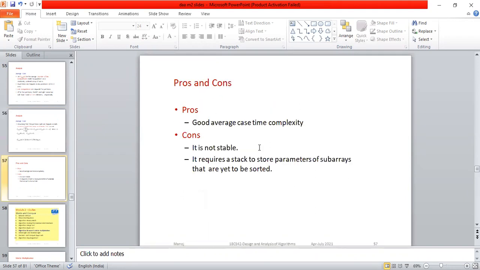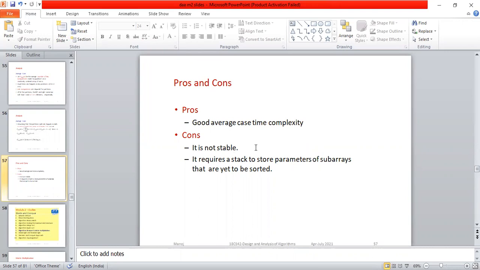Now come to the advantages and disadvantages. The advantage of the quicksort algorithm is its good average case time complexity, especially when you compare it with merge sort. What are the cons? Cons means disadvantages.